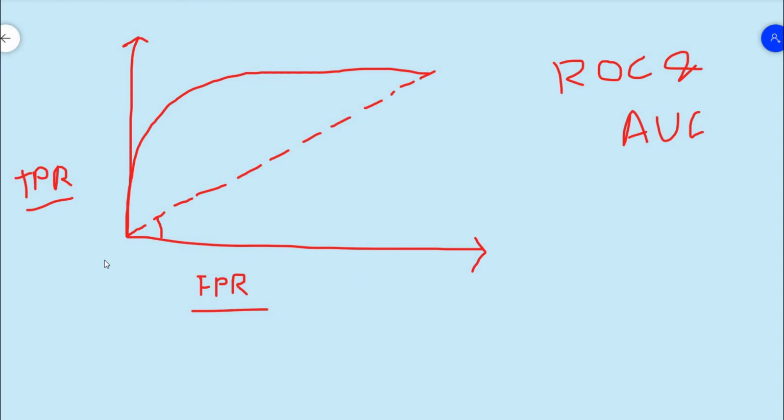So if specificity decreases, sensitivity increases, and vice versa. And always try to get an AUC which is more or less near 0.9 or 0.8. If it is 0.9, then it's a very good classifier.